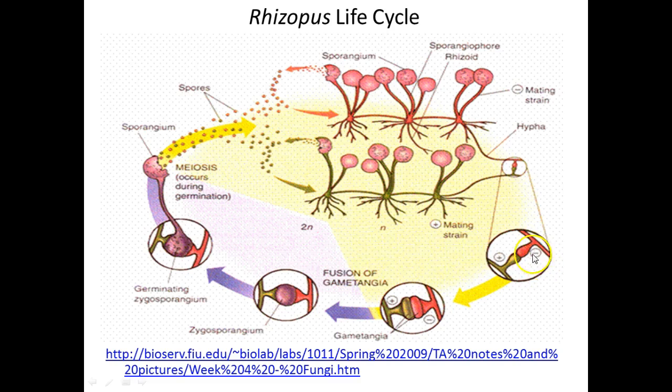So here's its life cycle. Here it comes together, right? Forms that zygospore. And then it's going to form another sporangium that's going to release spores, right? And then the cycle starts all over again, right? They can asexually reproduce, or 2 of them can come together and reproduce sexually, right? So they have a choice.